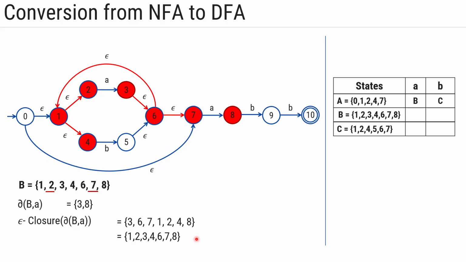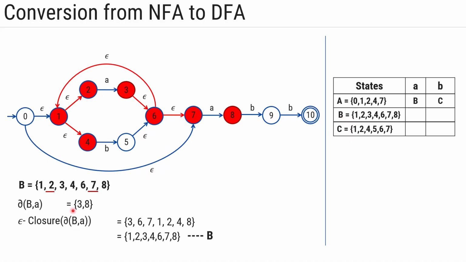So you can rearrange them. We will get 1, 2, 3, 4, 6, 7, 8, which is similar to state B, because we have already labeled it.